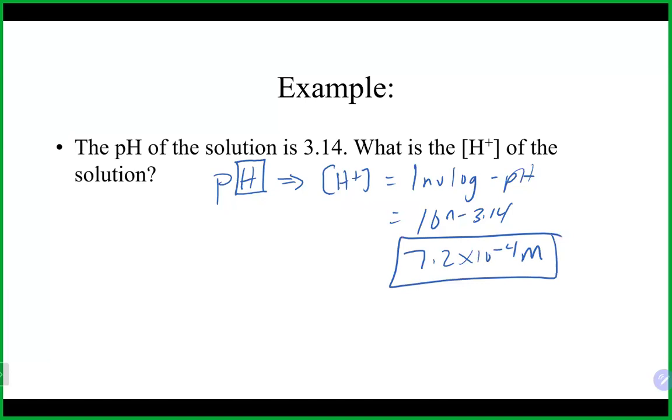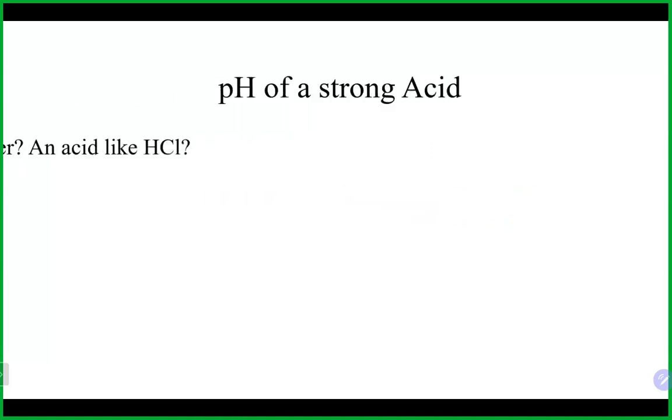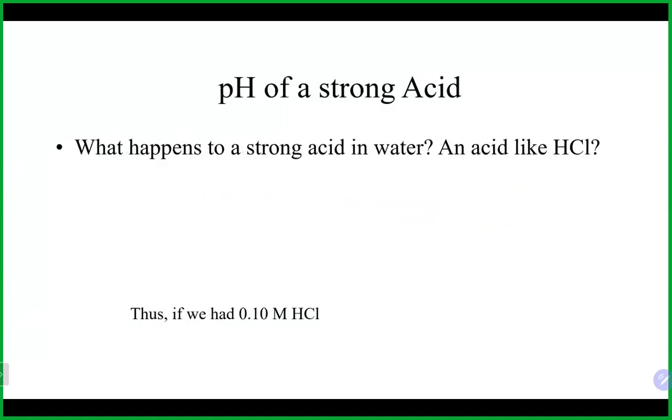All right. Then let us talk about, we kind of did that example actually, the pH of a strong acid and even a strong base. Now, in a lot of these examples, we've been given a generic H plus or OH minus concentration, but you could be asked what is the pH of a strong acid or even a strong base.